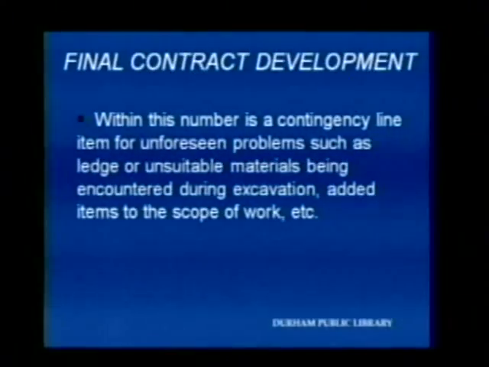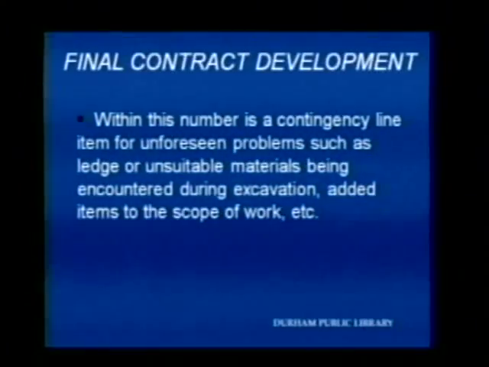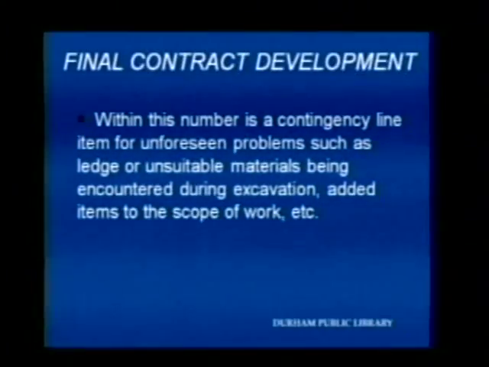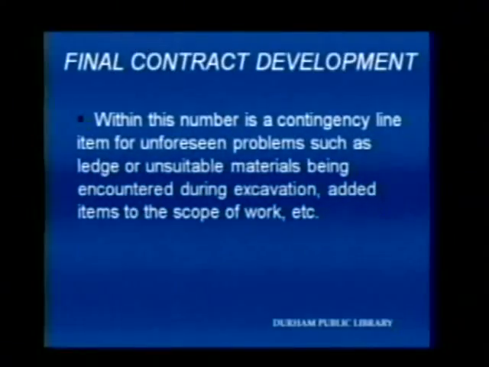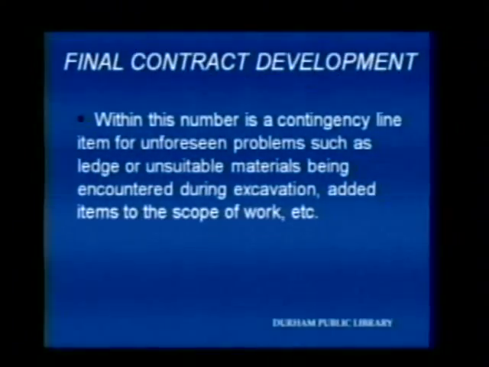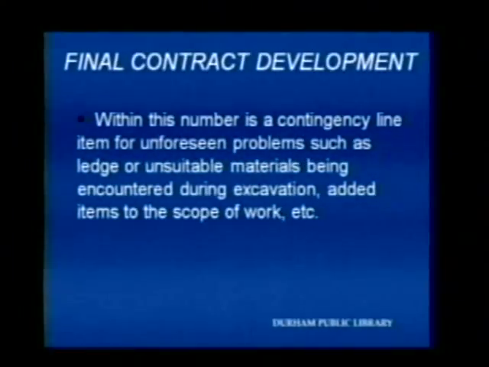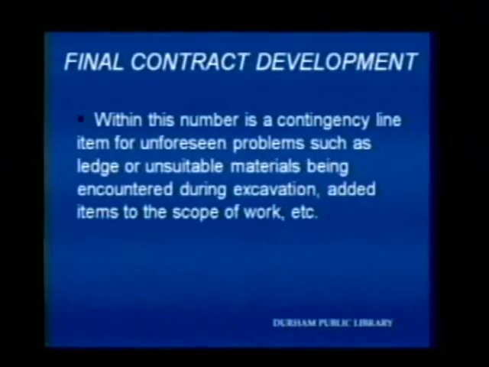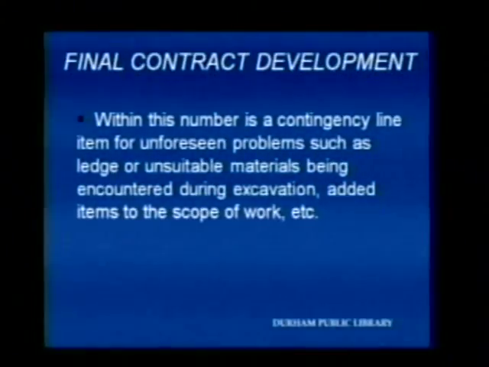We like this process because it allows the owner to be involved with every part of it. There are tremendous opportunities to get costs down because it is openly bid to all who are qualified. And hopefully at the end of all this, we'll be able to get the town of Durham the best possible value for their dollar.